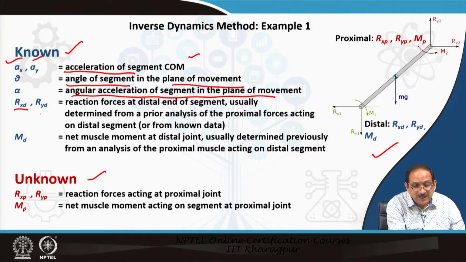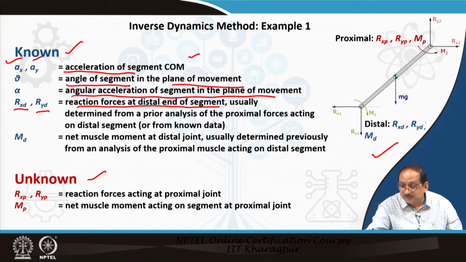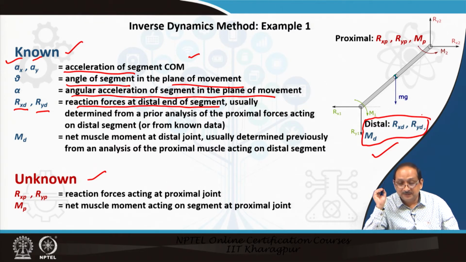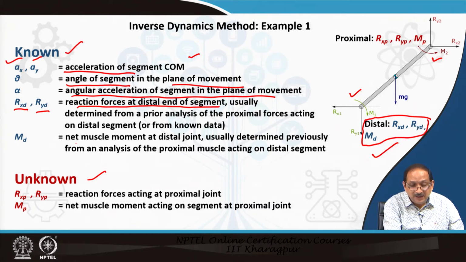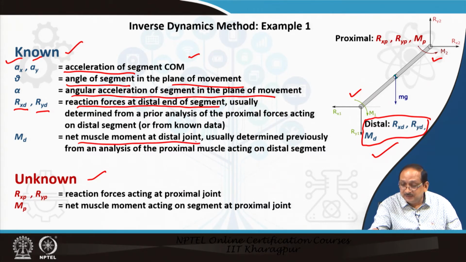Rxd and Ryd are the reaction forces at the distal end of the segment, as you can see here in the figure. We consider this as the distal end and the top end as the proximal end. Md is the net muscle moment at the distal joint, usually determined previously from an analysis of the proximal muscles acting on the distal segment.